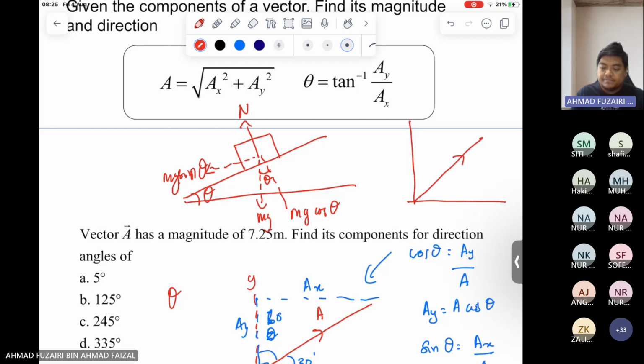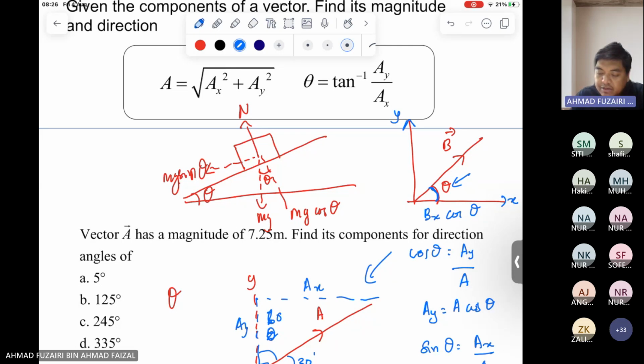Katalah ini vector A. Tengok angle dia, kalau angle dia dekat sini theta, ini x, ini y, dan komponen dia yang ini, tengok angle dia duduk di antara x dengan vektor. Ini vektor yang ada arrow tu. So senang, Bx terus je cos theta sebab angle ini duduk di celah-celah antara vektor dan juga x axis.